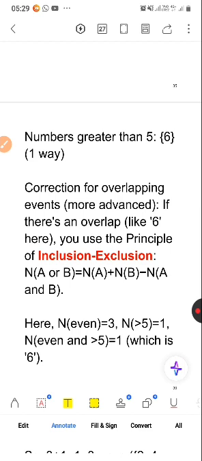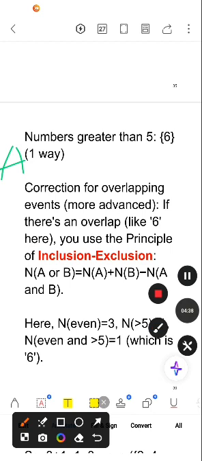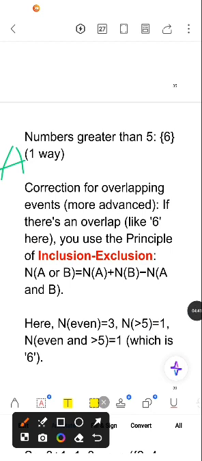So as I said, we have the two events, so A union B. As I said previously, A or B is the same as A union B. It's equal to the cardinality of A, that's the first event. Cardinality means the number of members in that particular set. So the cardinality of A and the cardinality of B minus the cardinality of A intersection B. Here you realize that the cardinality of even is 3, because we had 2, 4 and 6.